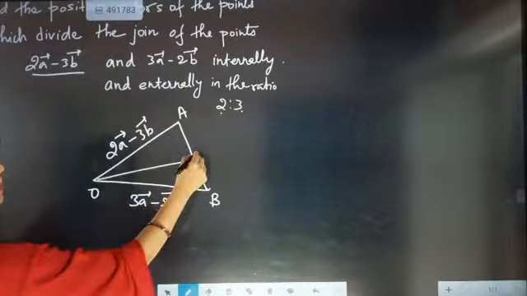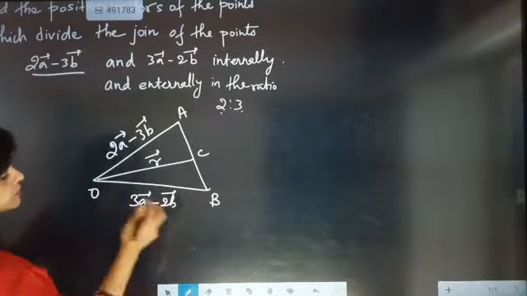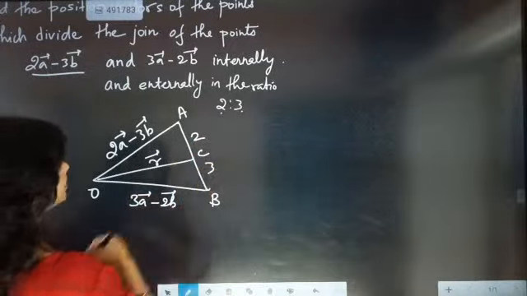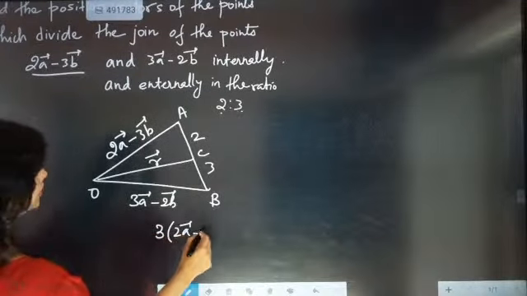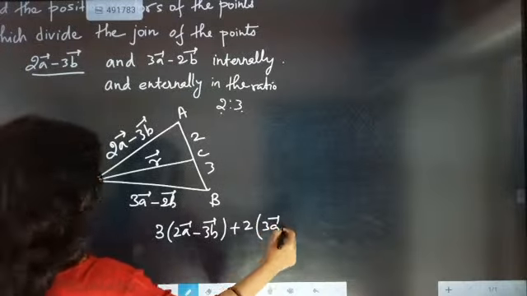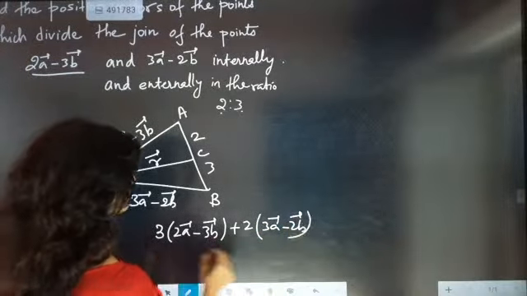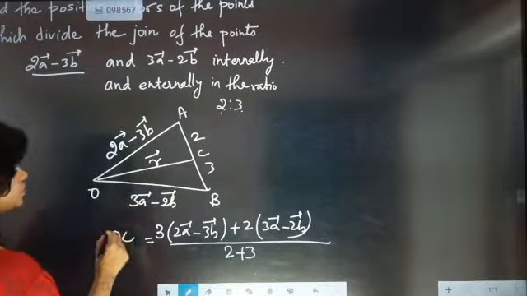And now C will be coming. It is coming as R vector. So now the ratio is 2:3. Now it will come 2a minus 3b plus 2, 3a minus 2b by 2 plus 3. OC vector.